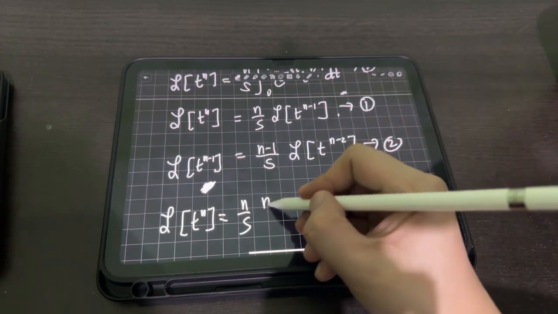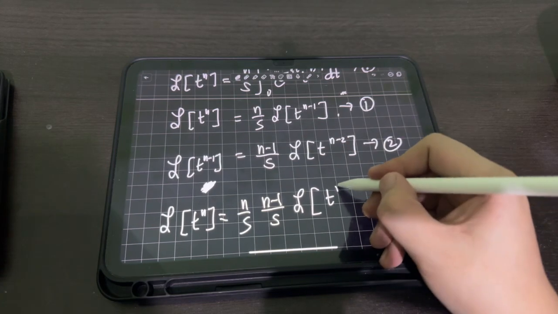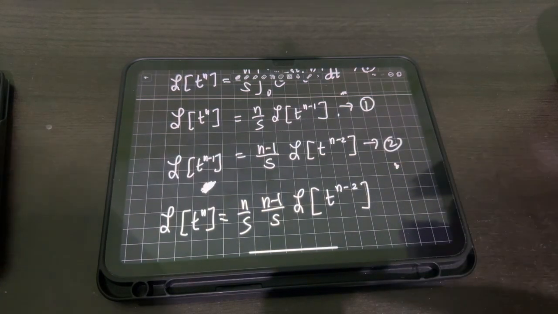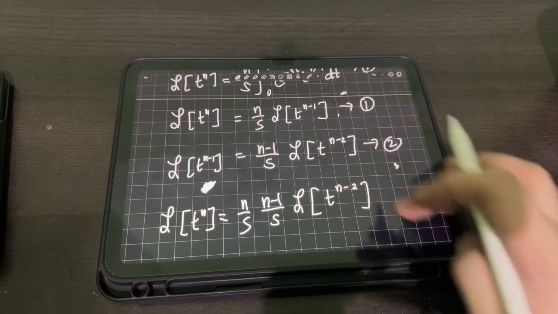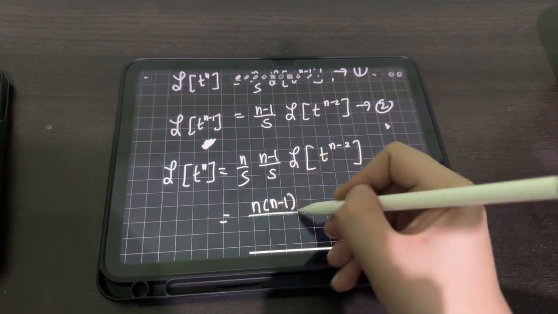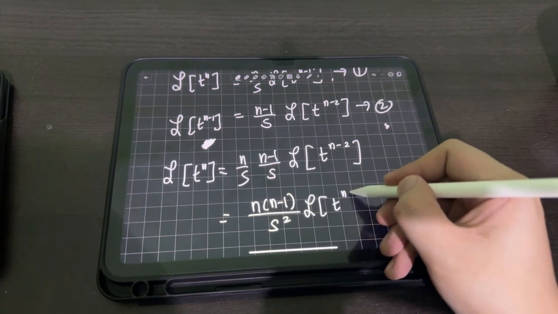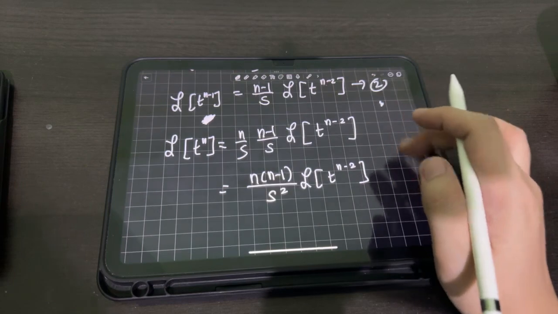We will have n minus 1 over s times Laplace transform of t to the n minus 2. Or this will become n times n minus 1 over s squared, Laplace transform of t to the n minus 2. Okay.